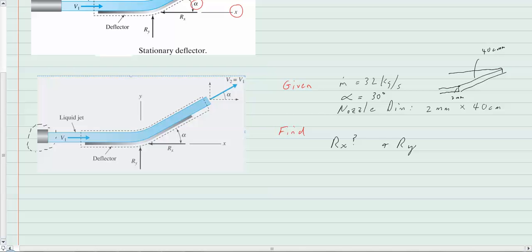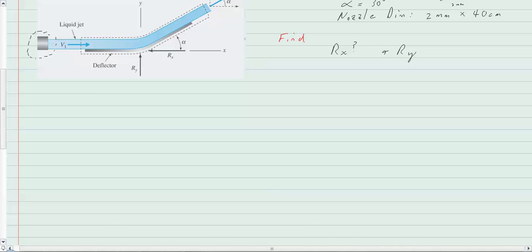So how do we attack this problem? It's relatively straightforward, but we should be clear on the tools that are available to us. The first tool is conservation of mass or continuity. Those terms are synonymous.